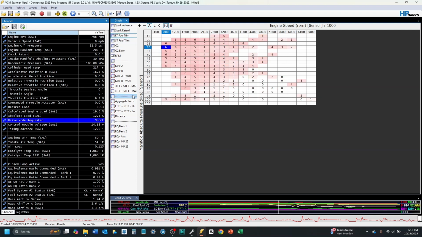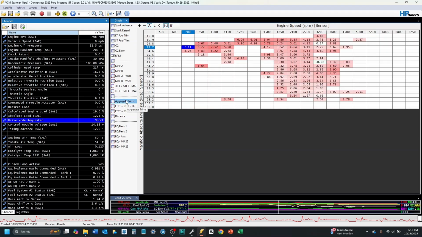The second clue is if we go to our aggregate trims. This is where the rubber meets the road. Like we saw with the fuel trim history, we can now see by cell that there are spots where we are lean. Now look, this isn't terrible. Even 7, not that bad. Again, anything under 5 is pretty good.